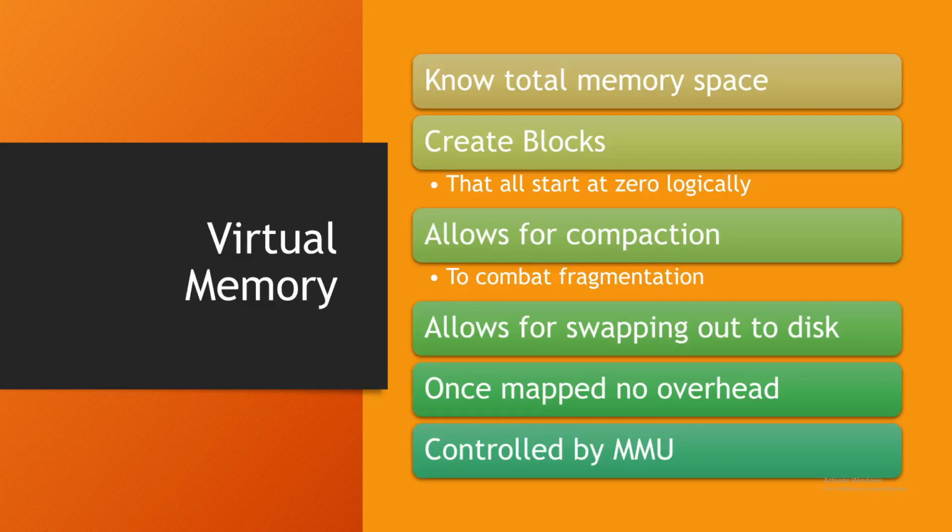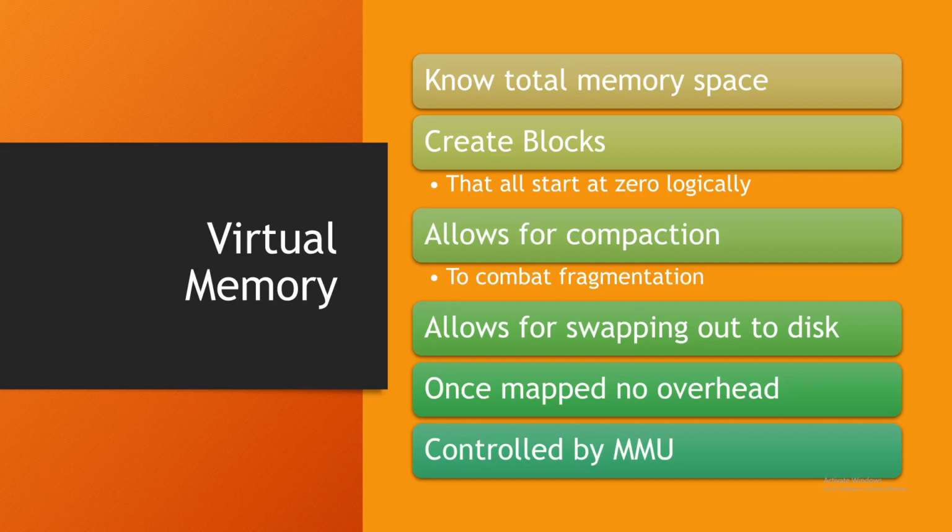So for virtual memory, you need to know your total memory space, and therefore you use virtual memory. It creates blocks of memory that logically start at 0, but are not physically contiguous. This also means that you can move memory and swap it out to disk.